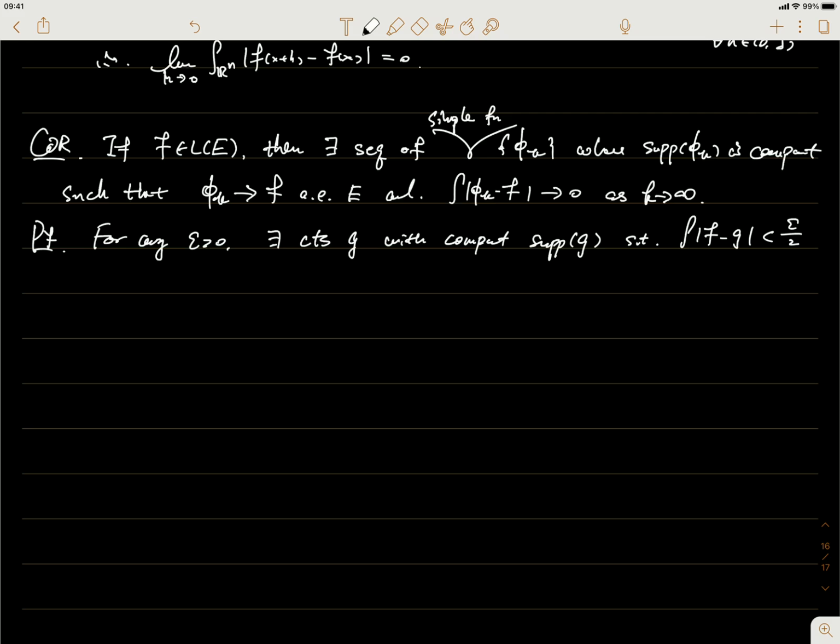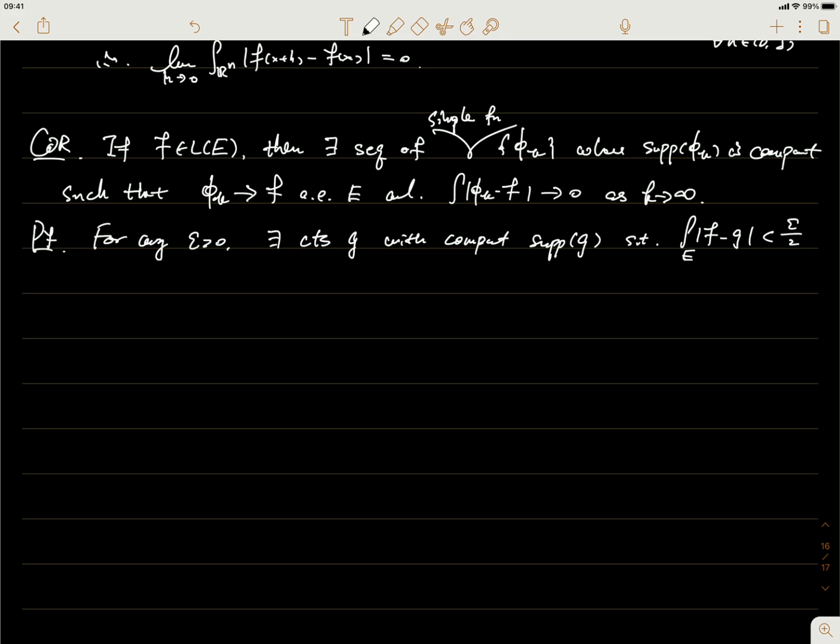And the phi k goes to f almost everywhere, and the integral of the difference goes to 0. To prove that, again, for any epsilon, there exists a continuous function g with compact support such that the integral of the difference between f and g over E is less than half epsilon. This is something that we have proved before.